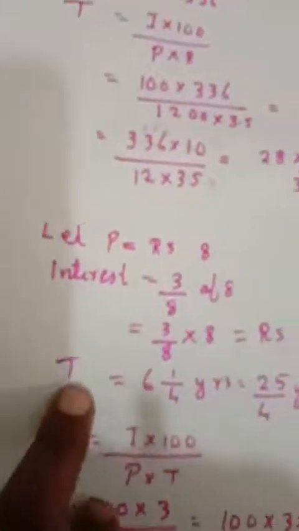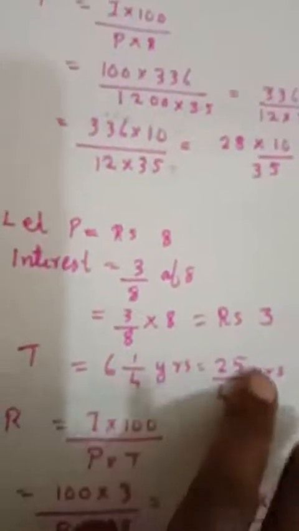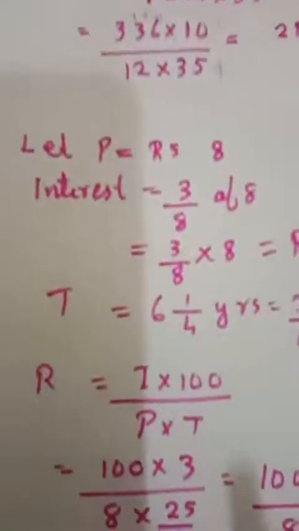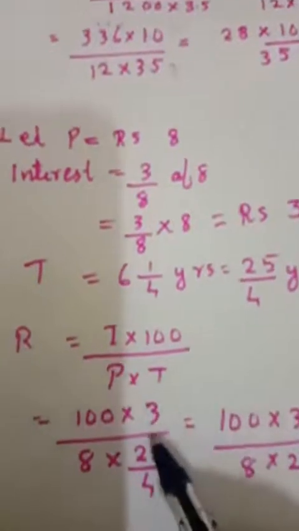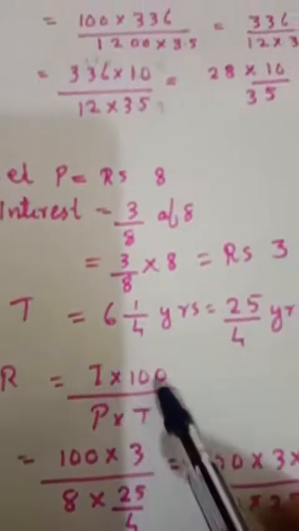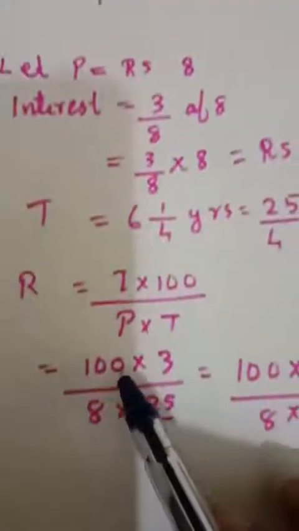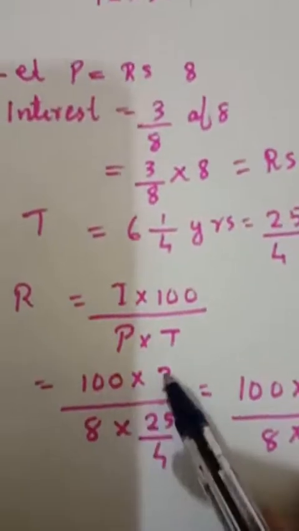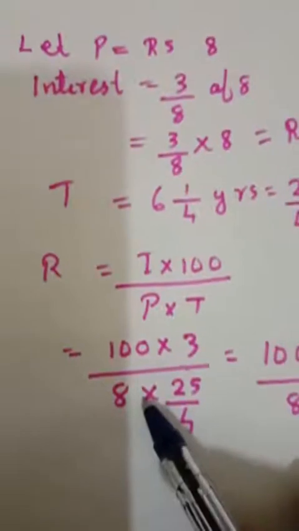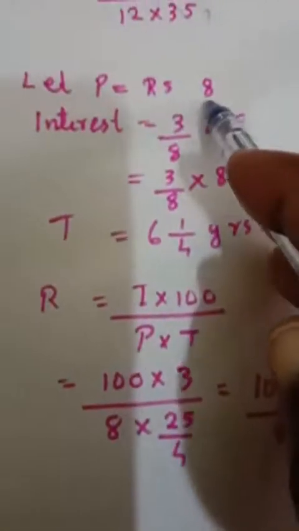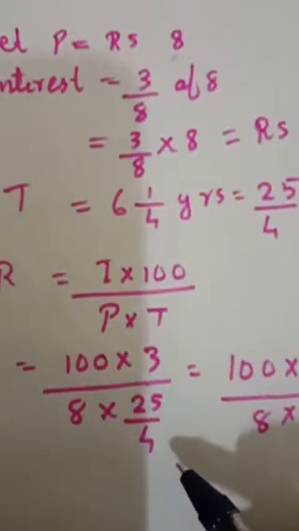Now time period 6 1 by 4 is equal to 25 by 4 years. Now how to find R? By using the formula R equals 100I by PT. I is equal to 3. 100 into 3 by P, which is 8, into 25 by 4.